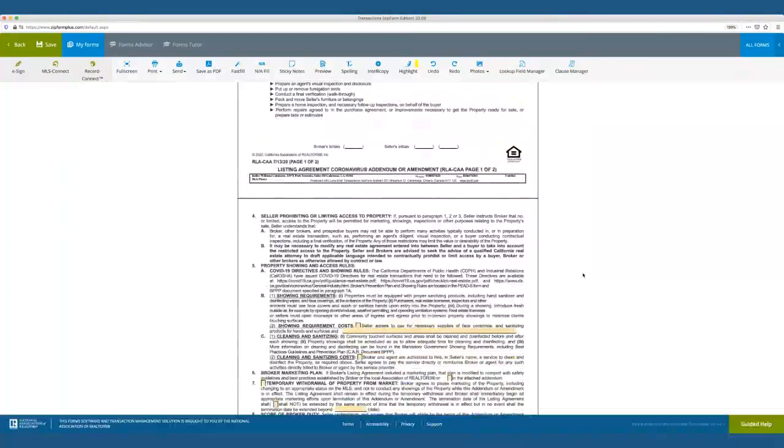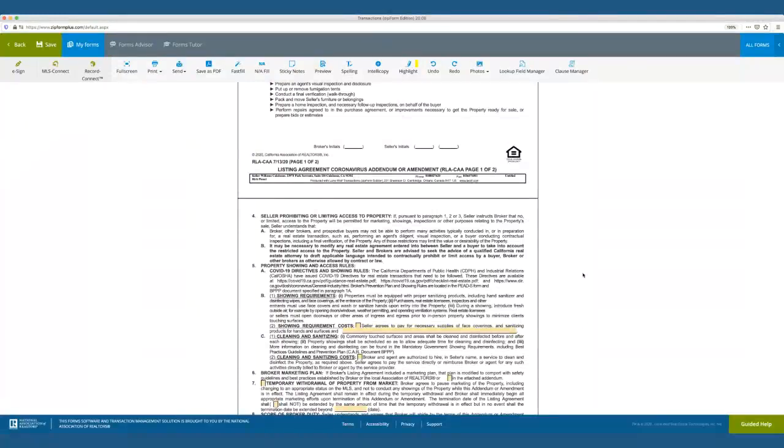So basically, if you don't agree to this, Mr. Seller, you're limiting my ability to sell your house. And it may be to your disadvantage. You may not get the price you want because of it, because you're limiting it. Well, maybe you may want to draft some other agreement to take into effect the restricted access to the property.